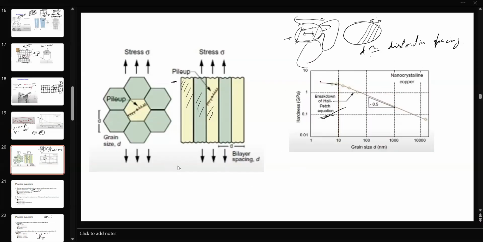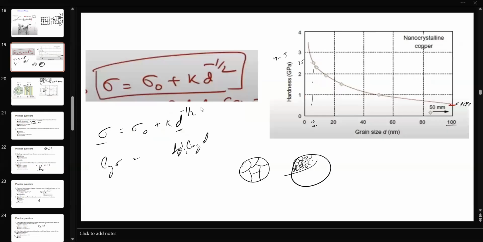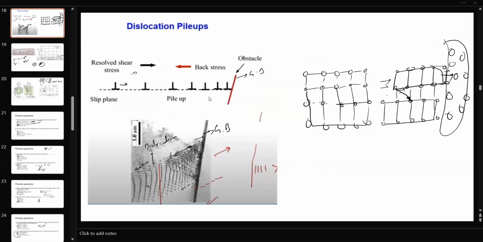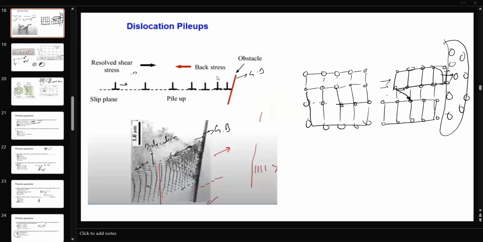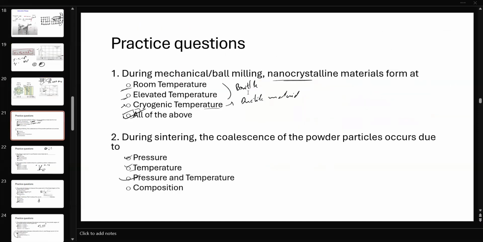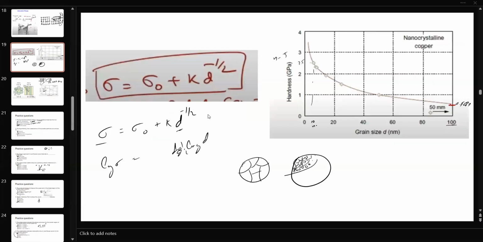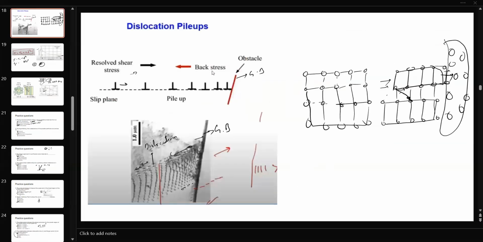So if you see, this D is the particle size, and then there's dislocation spacing, right? So there are dislocations piled up, you have some equilibrium spacing in between these dislocations.